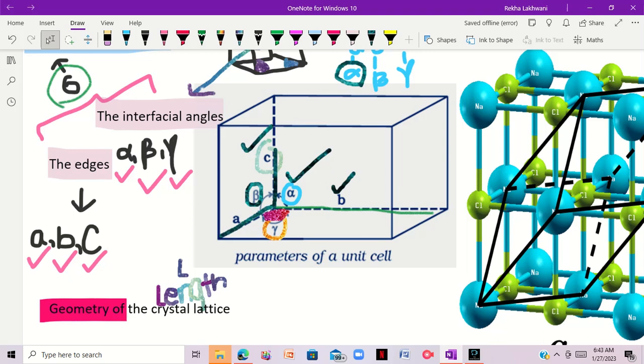For example, if you want to find the density of a crystal lattice, you won't find the density of the whole lattice. You will first find the density of a unit cell, then you'll multiply, because a crystal lattice is made up of unit cells. So the unit cell and crystal lattice have the same geometry. If you know the geometry of a unit cell, then you can ultimately find the geometry of the crystal lattice structure.